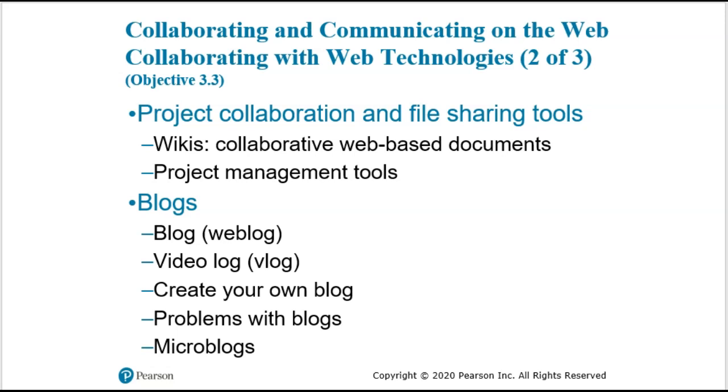And you're probably familiar with Wikipedia, which is probably the most well-known collaborative web-based document. Any kind of wiki is a collaboration of multiple authors writing and modifying a particular document. So you don't just have one person as the author, you have multiple authors.